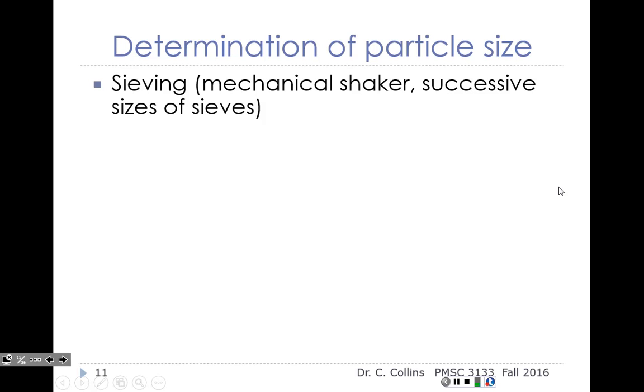Put a sample of powder on the top of it, put it on a shaker, turn it on for 5 minutes, and let it shake through. And then we would weigh out how much powder got onto each screen, and based upon the screens before and the screens after, you can get a particle size distribution fundamentally manually.